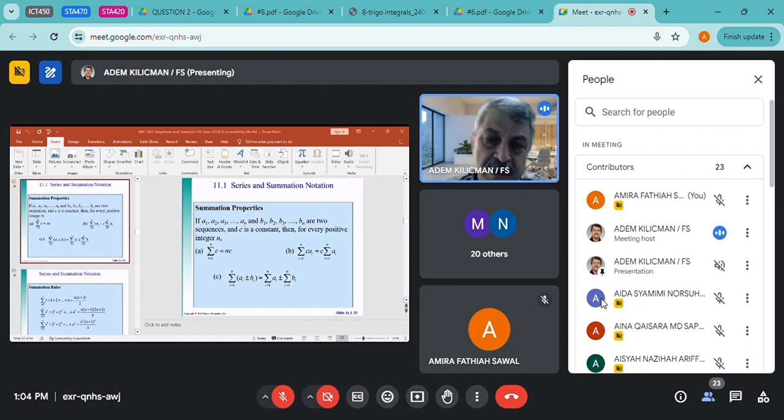Another one, C times AI, then you can take C out, since C does not depend on the index. It is independent of I, so therefore it can go out.